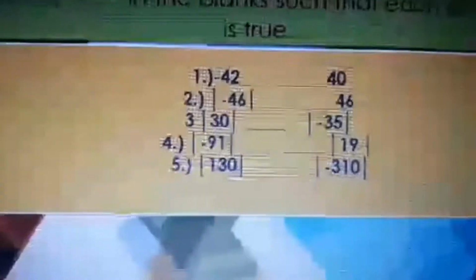Number 5, the absolute value of 130 is less than the absolute value of negative 310. Here are the answer key. Number 1, less than. Number 2, equal to. Number 3, less than. Number 4, greater than. Number 5, less than.